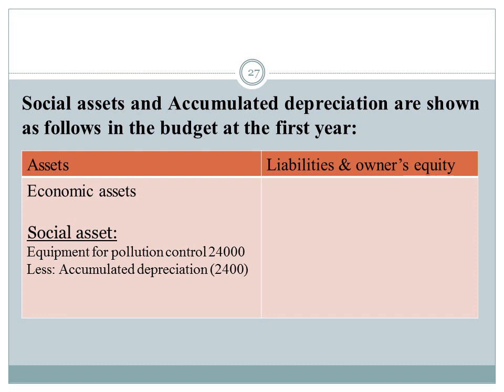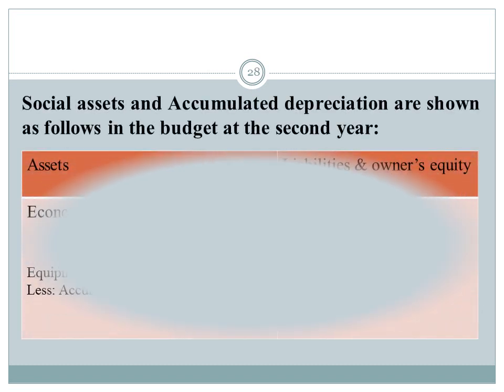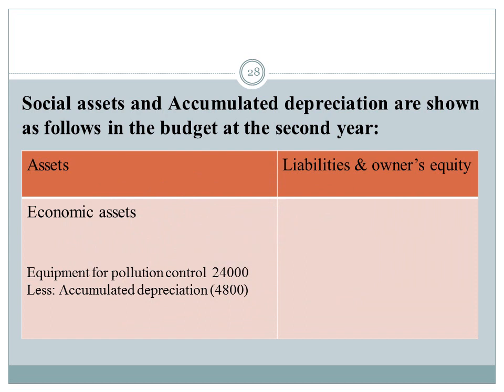According to the first year, accumulated depreciation equals premium depreciation. At the second year, equipment for pollution control is 24,000 as in the first year.